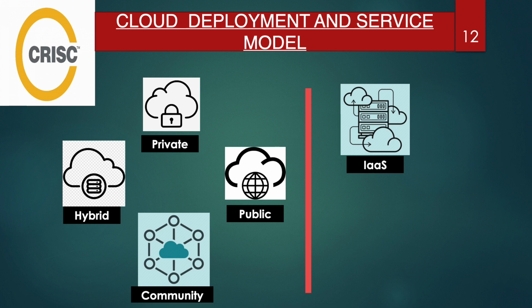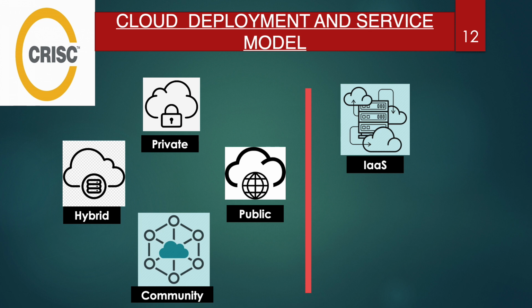So as the first one, that is IaaS, infrastructure as a service, which allows the customer to deploy and execute any software, including operating systems and applications, is the capacity to supply processing, storage, network and other basic computing resources.